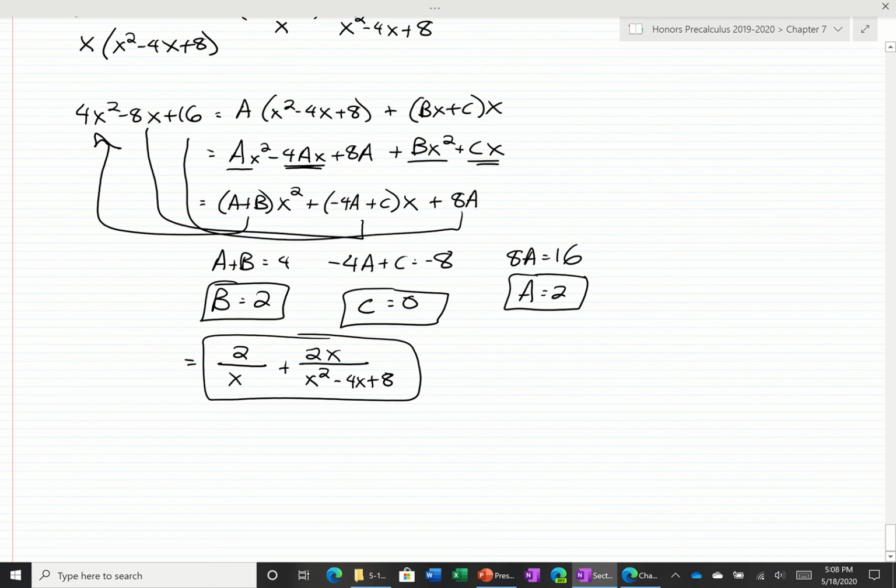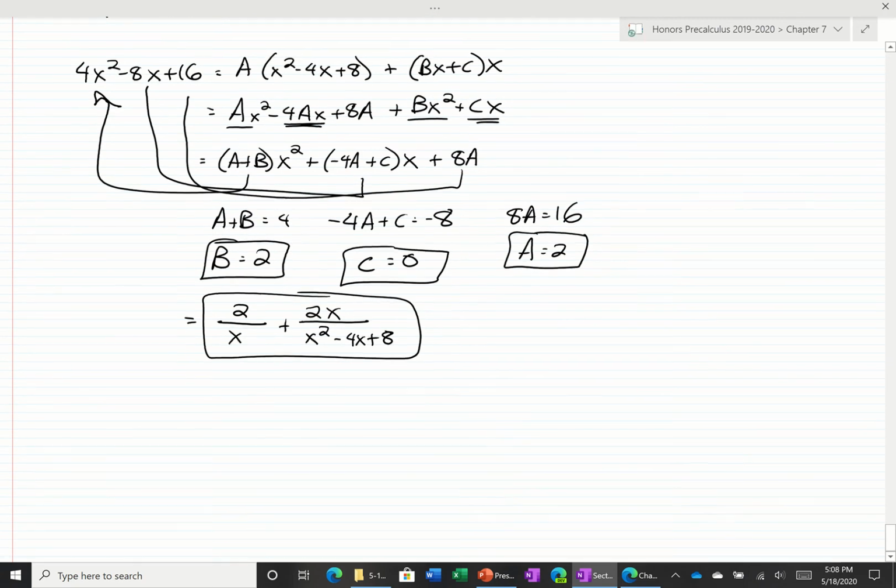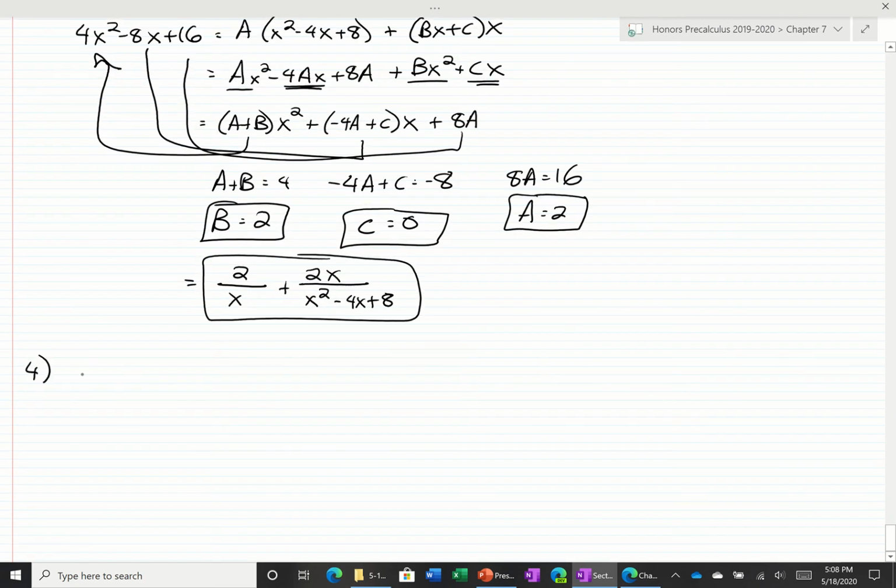And our last one, I asked you to do number 4. Problem number 4 says we have (8x squared minus 12) over, let me take out an x, and we're going to have x times (x squared plus 2x minus 6).